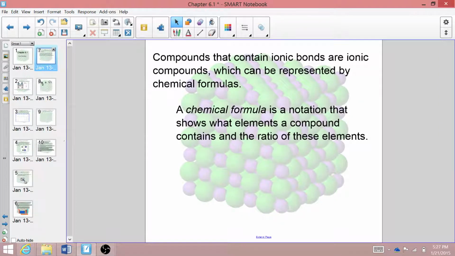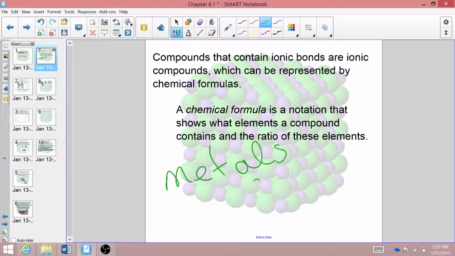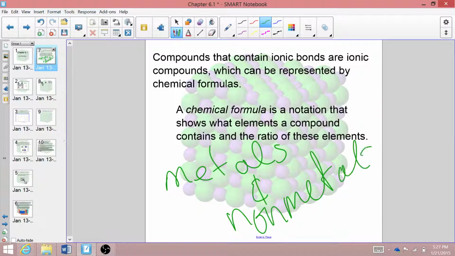Now, compounds that contain ionic bonds are what we call ionic compounds, and these only happen between metals and nonmetals. So we could not form an ionic bond between lead and potassium because both of those are metals.